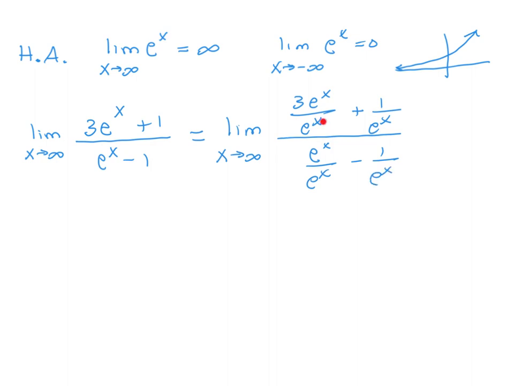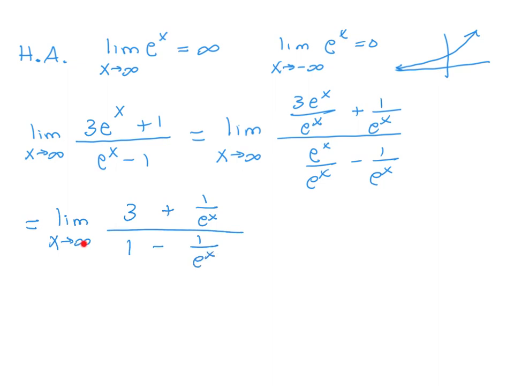The reason I'm going to do this is because e to the x itself is going to infinity. Remember, we're going to positive infinity. I can cancel these e to the x's. These will remain. So we get the limit as x goes to infinity of 3 plus 1 over e to the x divided by 1 minus 1 over e to the x.